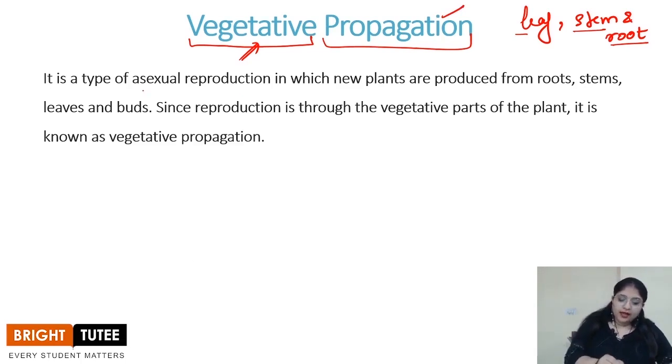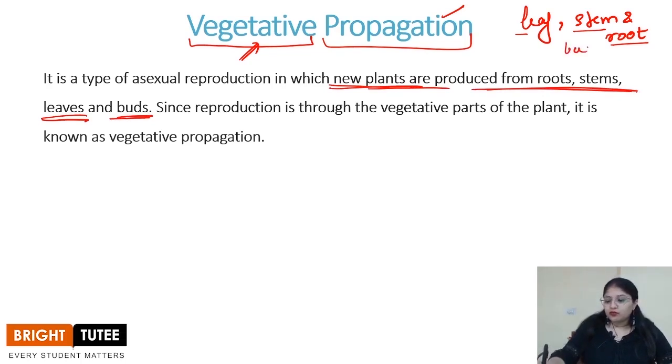So it is a type of asexual reproduction in which new plants are produced from roots, stems, leaves and buds. Now these buds are not the buds that are there for the flower. We'll talk about what these buds are. These buds are vegetative buds, right? We'll talk about that in detail in this session.